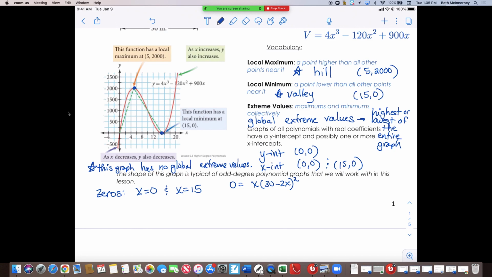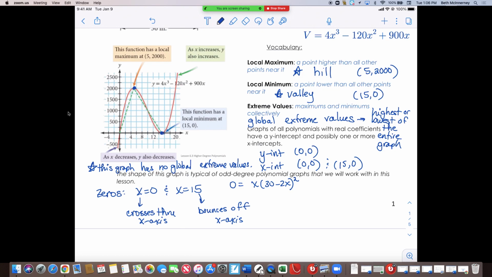Do you notice that at x equals 0, the graph crosses through the x-axis? And at x is 15, the graph bounces off the x-axis. And this is not an accident. This is something that we're going to refer to as multiplicity.